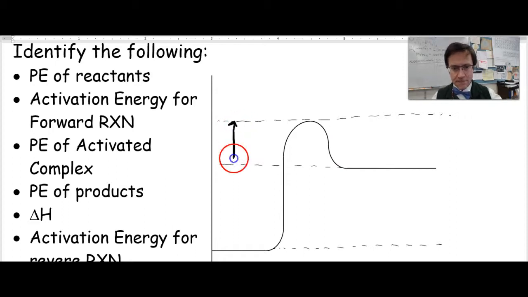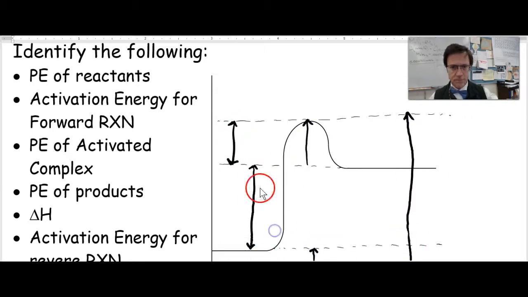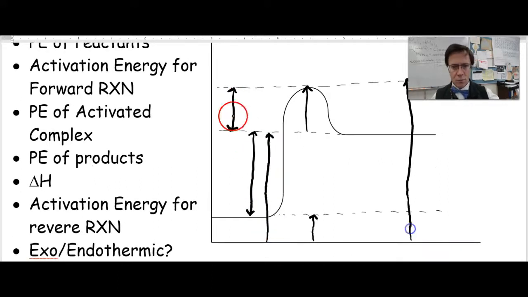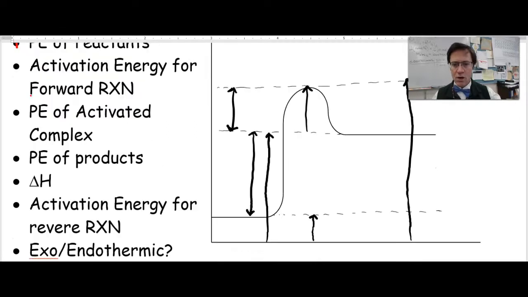So I'm going to go... One, two, three, 4, 5, 6. Okay. Let's see if we can name these. Let's start with number 1, potential energy of the reactants. So which one of these lines is the potential energy of the reactants?